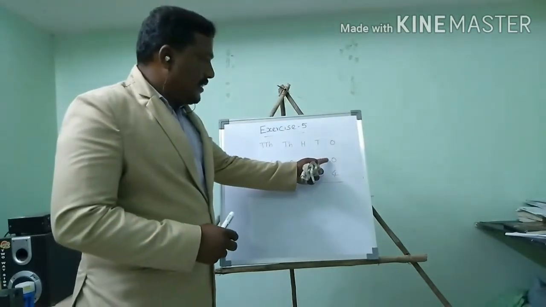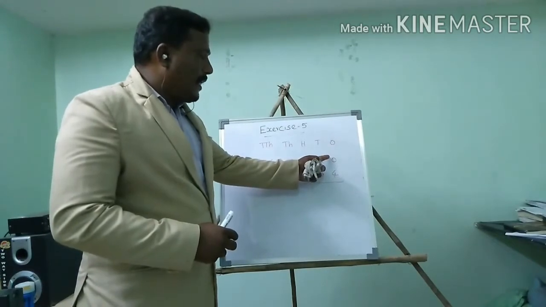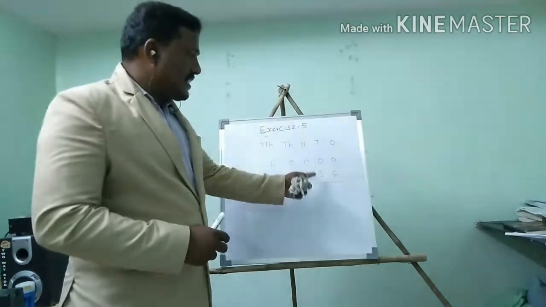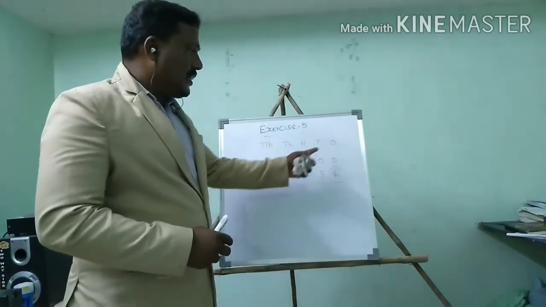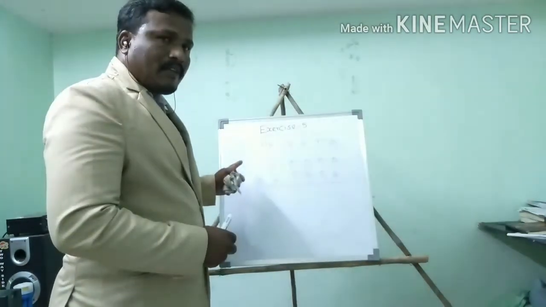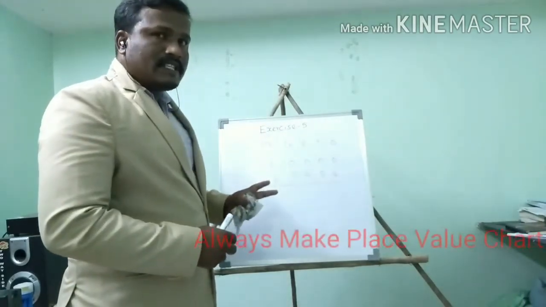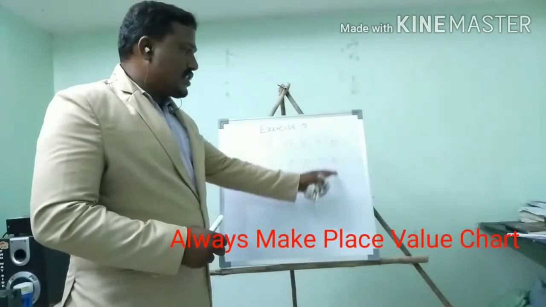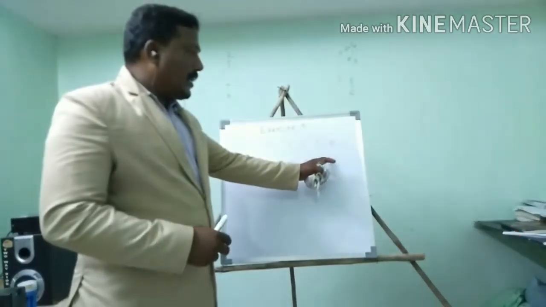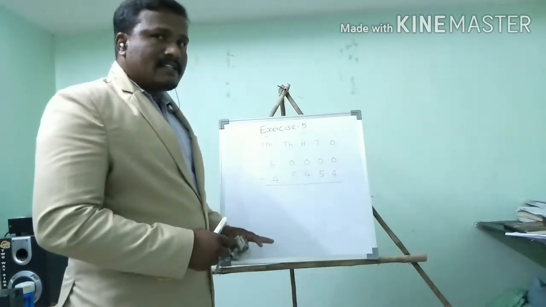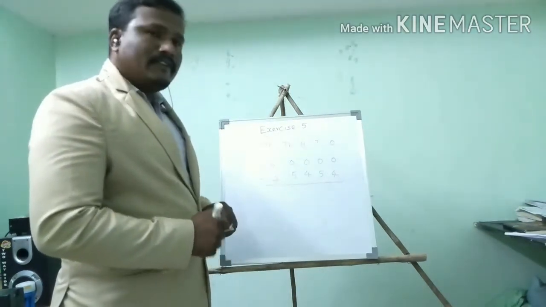So here, first we take the one's row, the unit row: one's, tens, 100, 1000, 10,000. This is the way: we have to subtract from right to left. So first we talk about the one's unit. Minuend 0, subtrahend 4. We cannot subtract it. So what can we do?